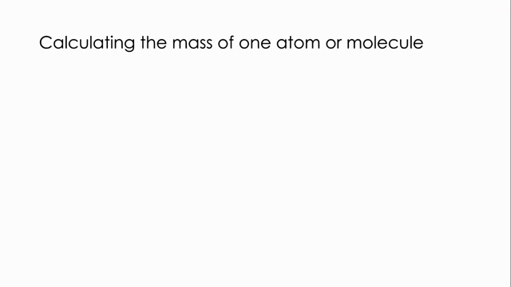Sometimes we are asked how to calculate the mass of one atom or one molecule. So if I wanted to calculate the mass of one molecule of water, as we said on the previous slide, water has a molar mass of 18 grams. So 1 mole is going to have a mass of 18 grams, and that's going to be Avogadro's number of molecules.